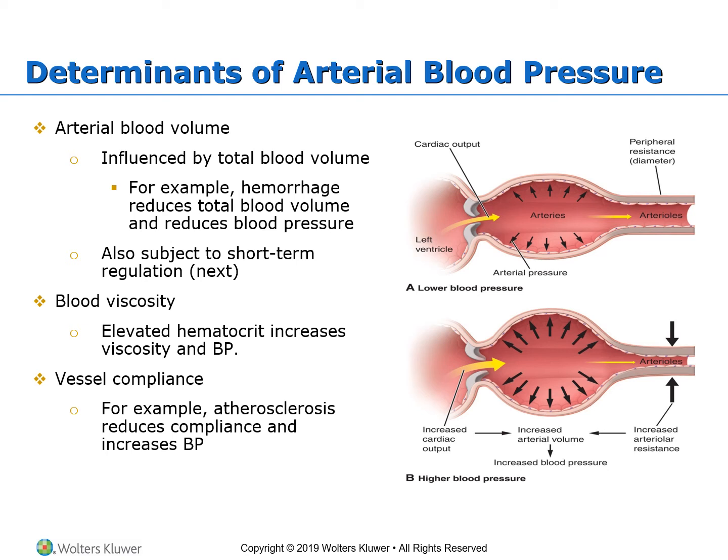So in order to understand that, we need to define how much out of the total body volume will be the arterial blood. And the arterial blood represents about 13% of the total blood volume in a resting person. However, if the total blood volume increases, the arterial blood volume and thus the blood pressure will increase with it.